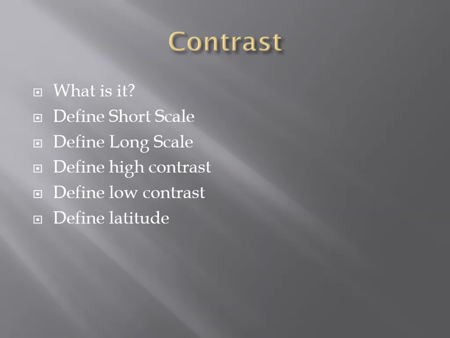So short scale contrast will be what you're seeing on the left-hand side. I'm looking at my book, and I can only differentiate between about 5 different gray levels there. So short scale contrast means you go from the lightest coloration you can get to the darkest coloration you can get in just a few steps. So that's short scale contrast.